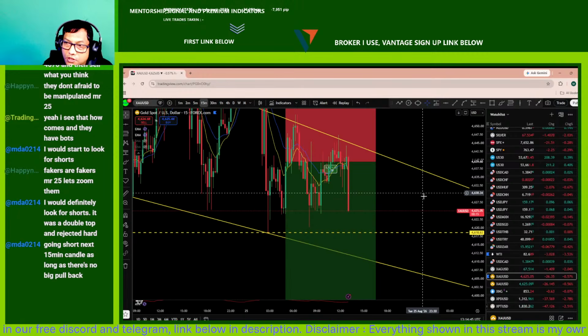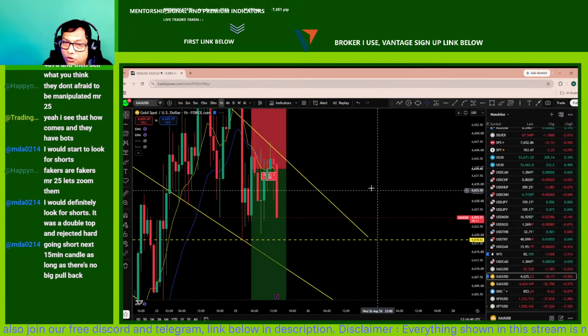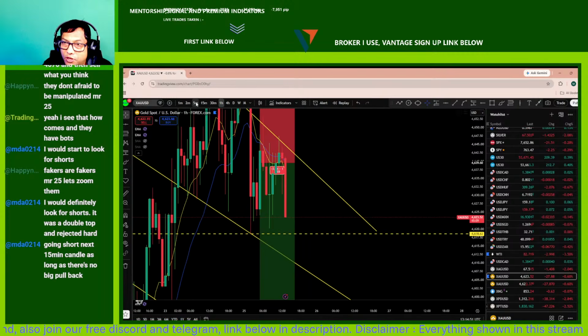Right, so the price is almost at the support, and off the support I'm looking to see an entire break below in this area.